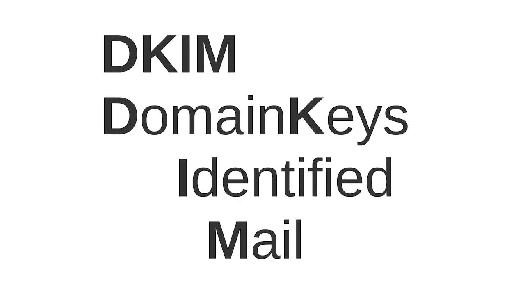DKIM stands for DomainKeys Identified Mail and defines a domain-level digital signature authentication framework for email by permitting a signing domain to assert responsibility for a message in transit. DKIM identifies the sender and their email signing practices, as well as the integrity of the message contents.